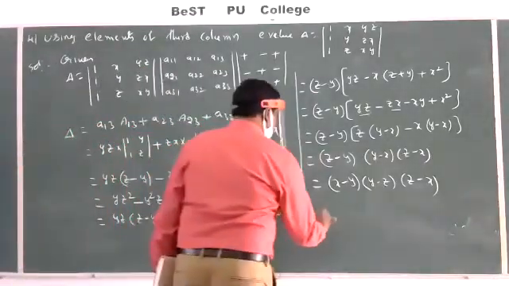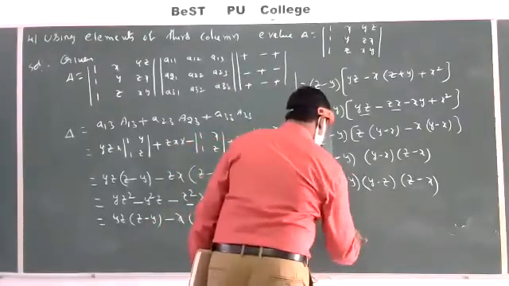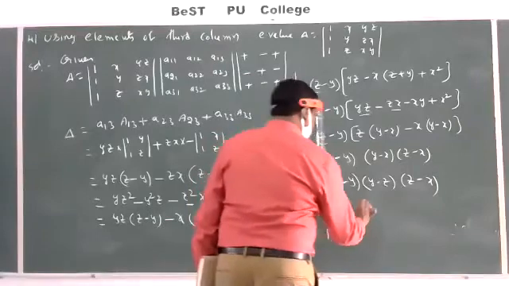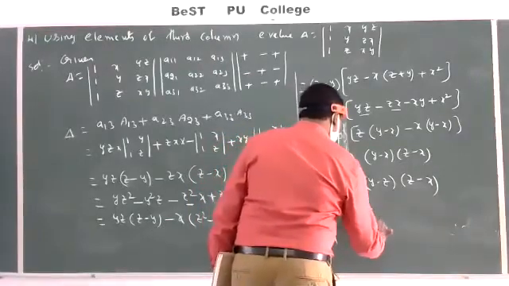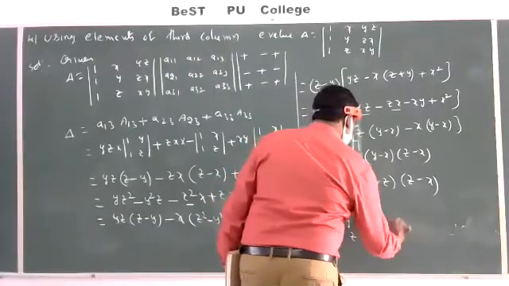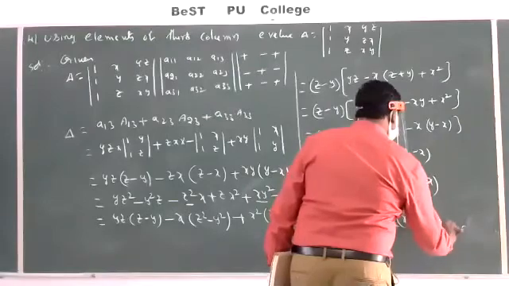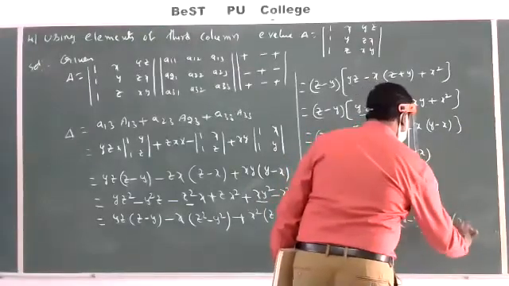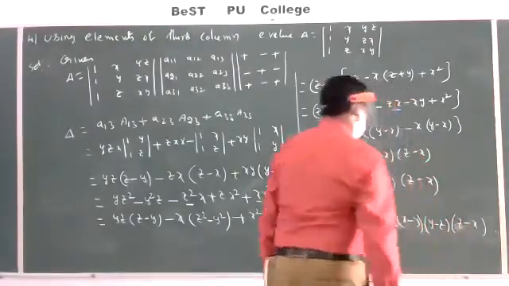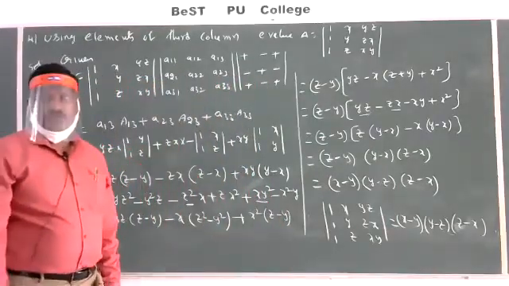Therefore, the determinant equals (x minus y)(y minus z)(z minus x). Note down.